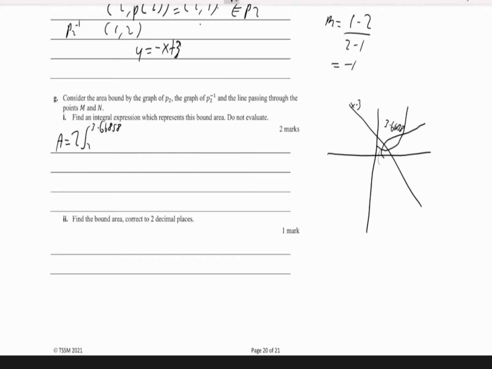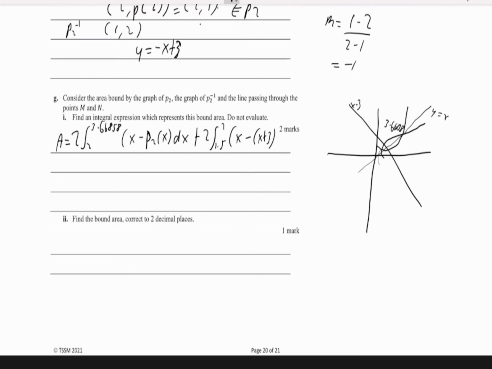So the area over here is going to be 2 times the integral from 3.66858 to 2, on the lower boundary, of x minus P2x dx, plus 2 times the integral from 2 to 1.5 of x minus negative x plus 3. Oops, I forgot to draw y equals x.